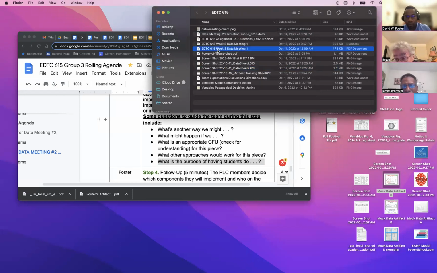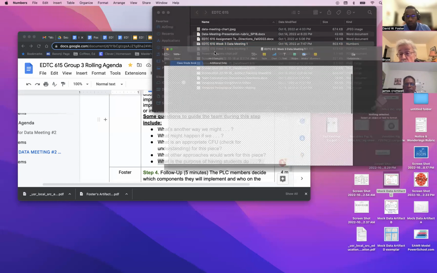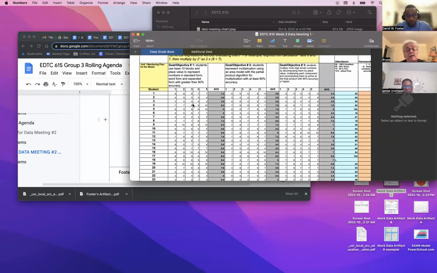To see if my students could do that, because the Excel sheet does it for them. All I have to do is hit sum, and it gives it to them. I'm sorry, I didn't mean to cut you off. That's okay. Go ahead.